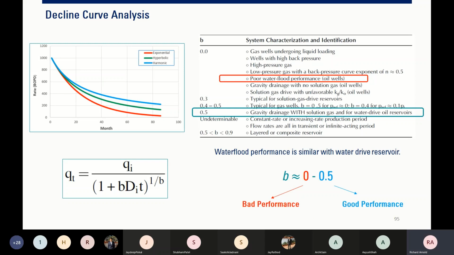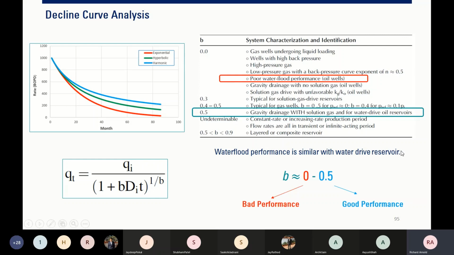Wells working under a water flooded reservoir, if the water flood performance is quite good, it can give you b equals 0.5, which is shown also by a water drive reservoir. Okay, so your performance will be more or less like a water drive reservoir with b equals 0.5.